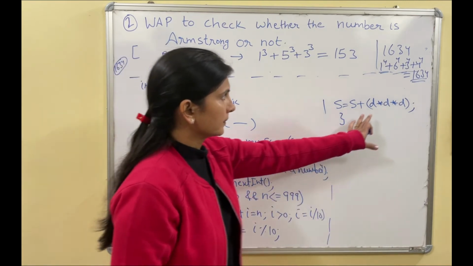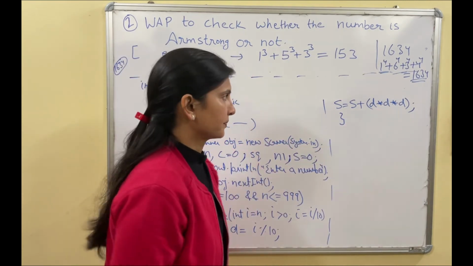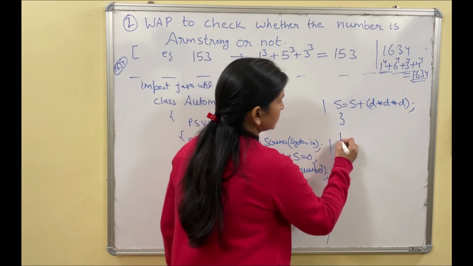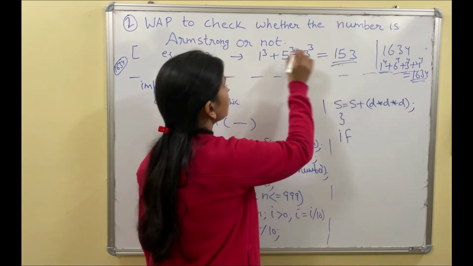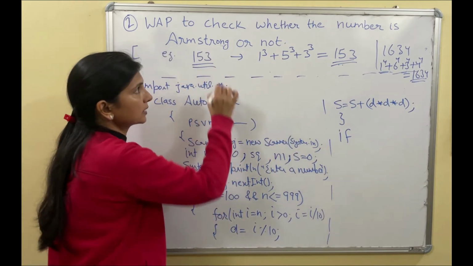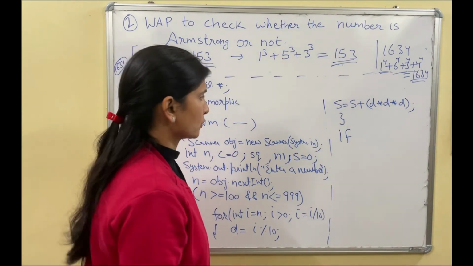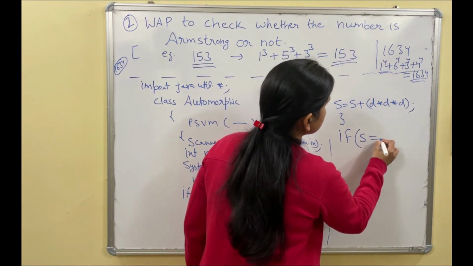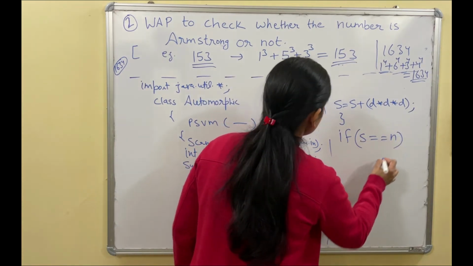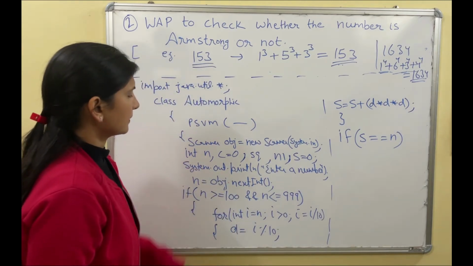Sum of what? Cube of digits. Then you will check. If the sum of digits is equal to the original number, then that is an Armstrong number. So how will you check? If s equals n, n was the original number, right?